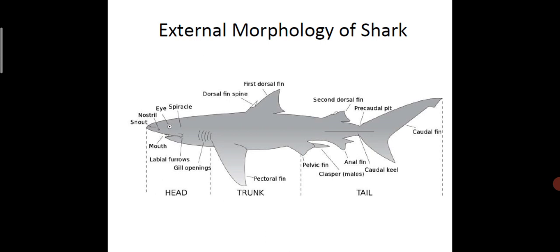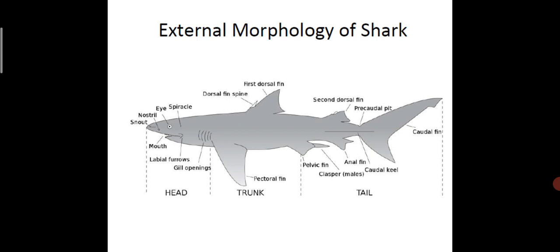And the tail is in the posterior region and extends behind the cloacal aperture. It constitutes about half of the length of the trunk. It is also laterally compressed like the trunk.